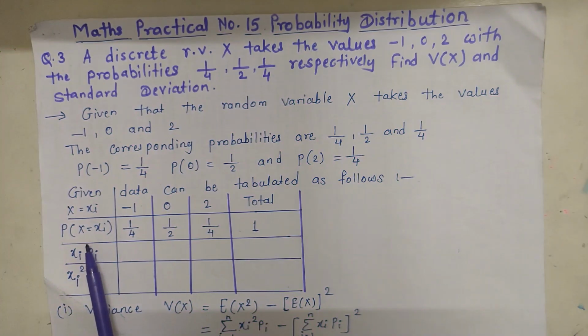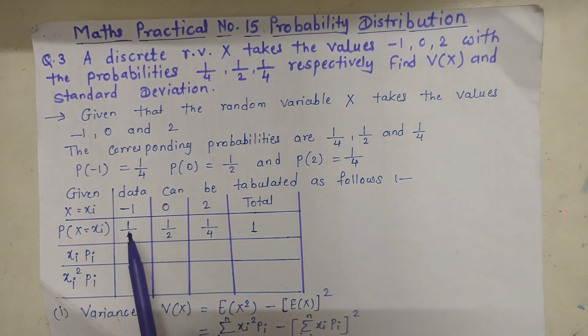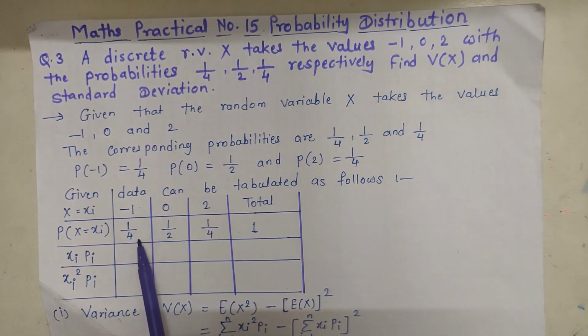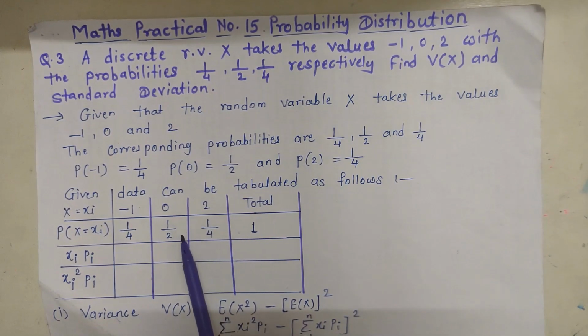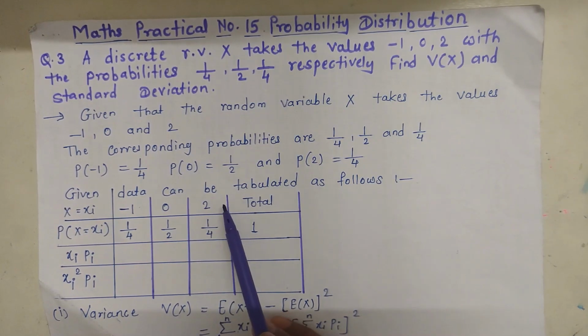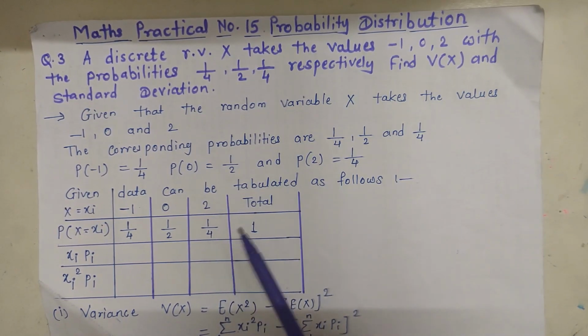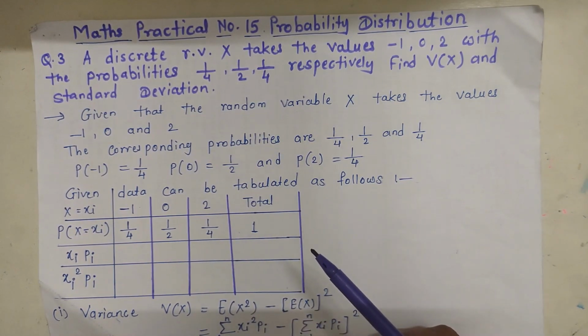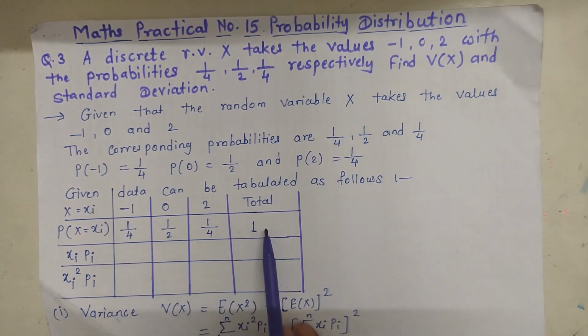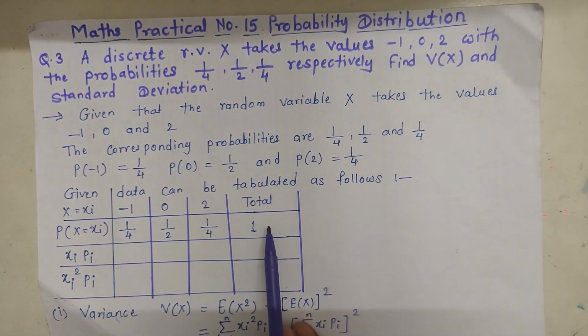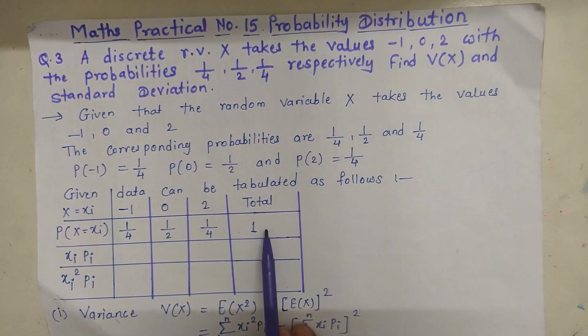The second row shows their probabilities: 1/4, 1/2 and 1/4, which are given in the example. And we know that the sum of all probabilities in the given probability distribution is equal to 1.